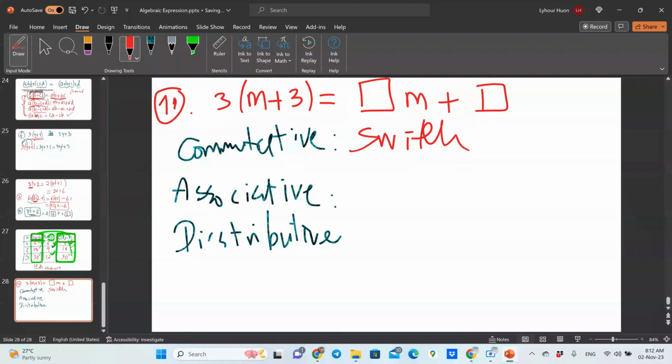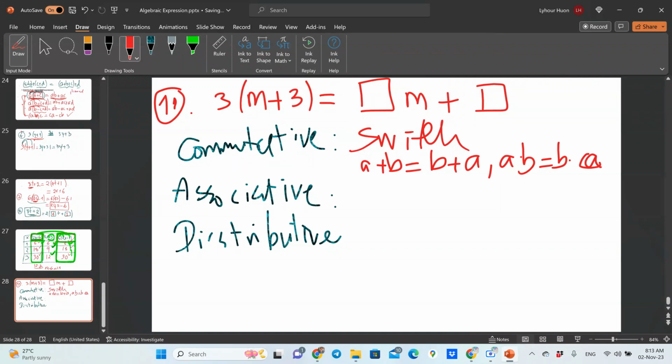It can flip, so a plus b equals b plus a, or a times b equals b times a. So we can flip from a plus b to b plus a, something like this.